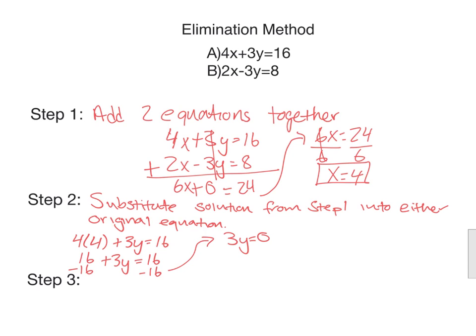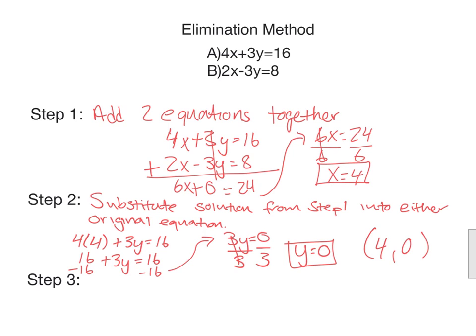Okay, I want to get y by itself, so I divide both sides by 3, and y equals 0. Do I have both my x and y values? Yeah. So now my solution is 4, 0.